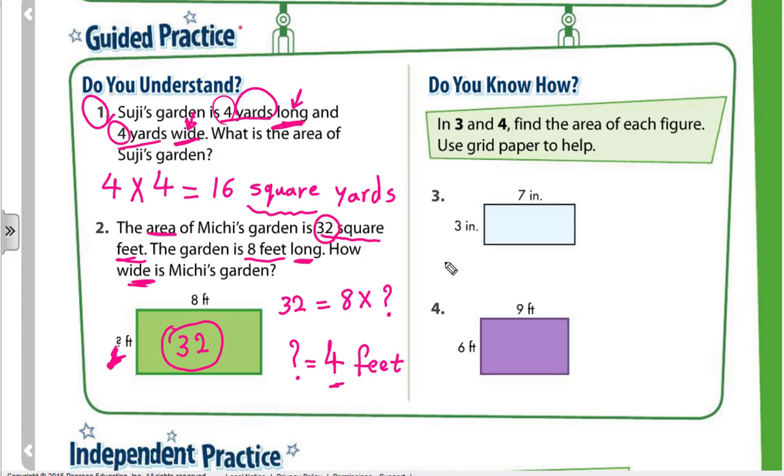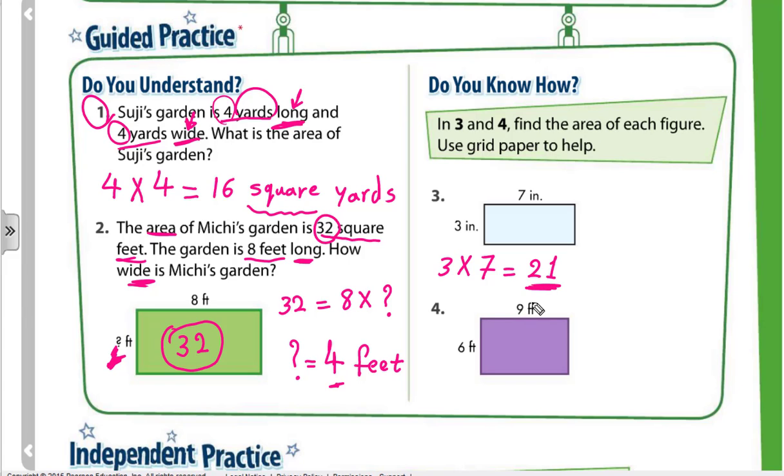In question number 3, go ahead, find the area. 3 multiplied by 7 equals 21. The 21 is area, right?